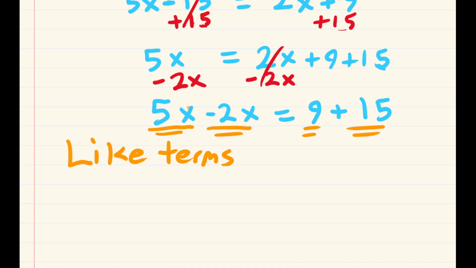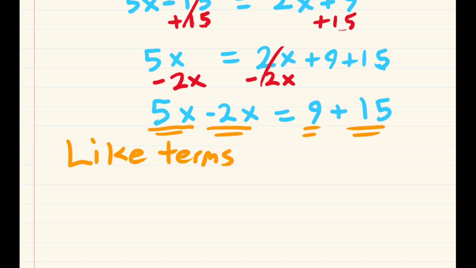So they both have a variable x, and they both have an exponent of 1. You don't see it, but it's implied. Whenever there's a number to the power of 1, it's just the same number. So technically every number has an exponent of 1. But they're both like terms, because this is 5x, this is negative 2x.